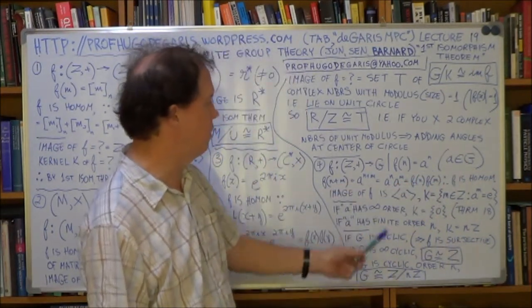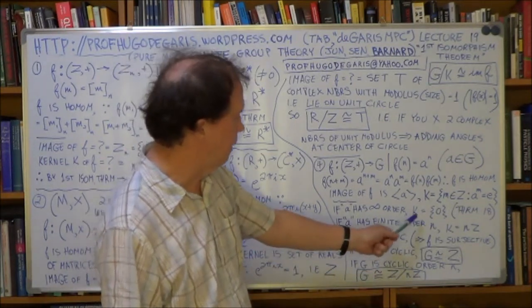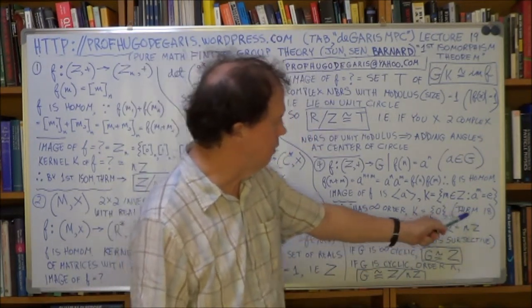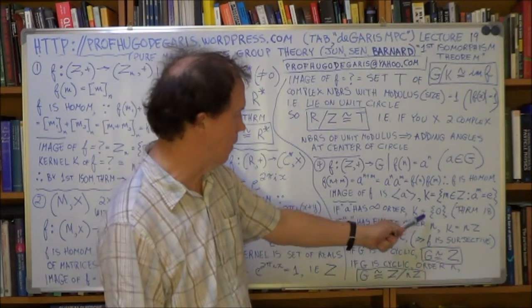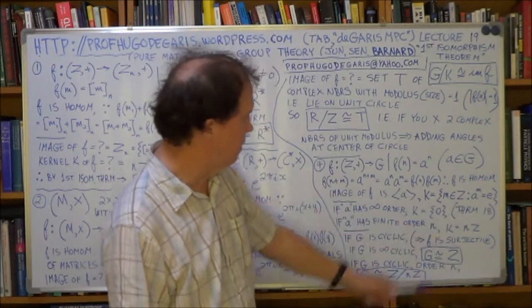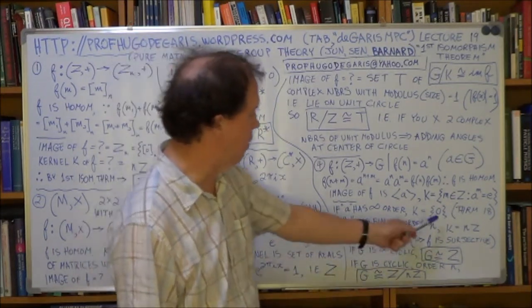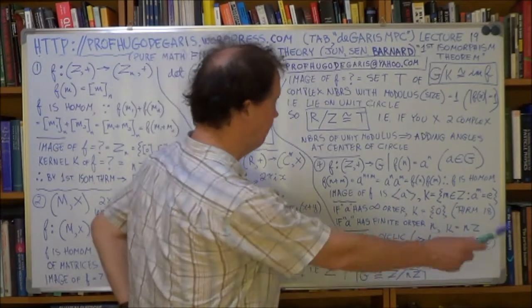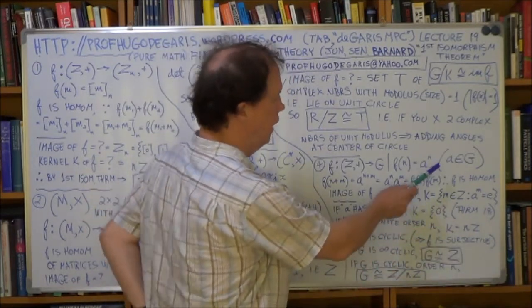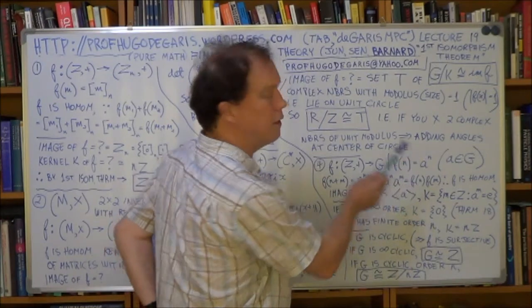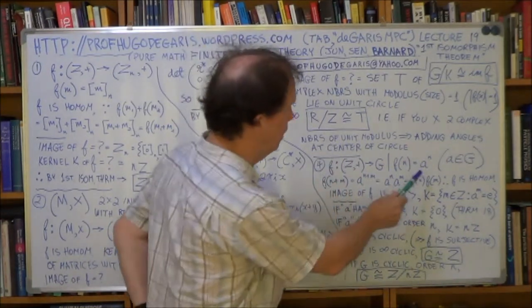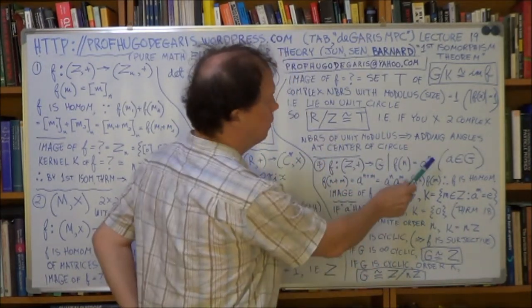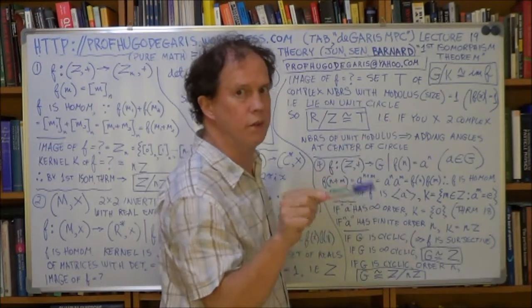So if it has infinite order, then I'll go way back to theorem 18, then the kernel is just 0. There's only one value that maps to E, and that's when this n here is 0, because remember, any element to power 0 is the unit.